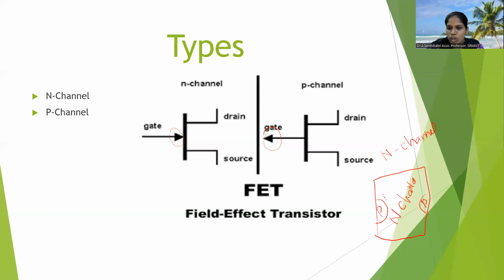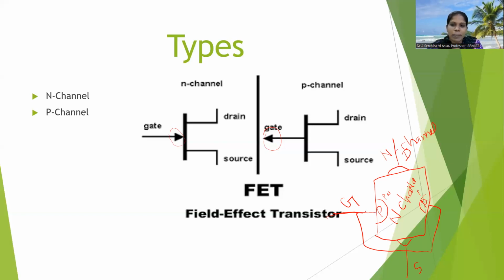There is a formation of a PN junction here. We connect these P regions together and take a terminal called the gate. Here there is a terminal called the drain, and here a terminal called the source. The FET also has three terminals: gate, drain, source.